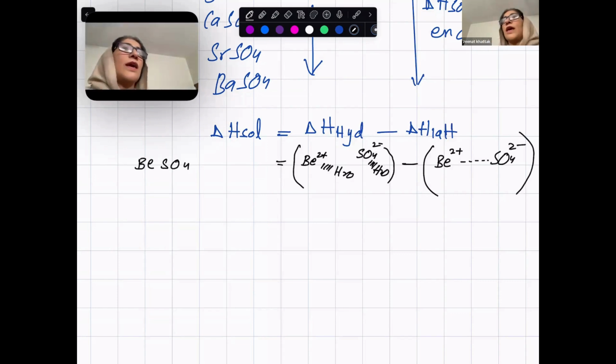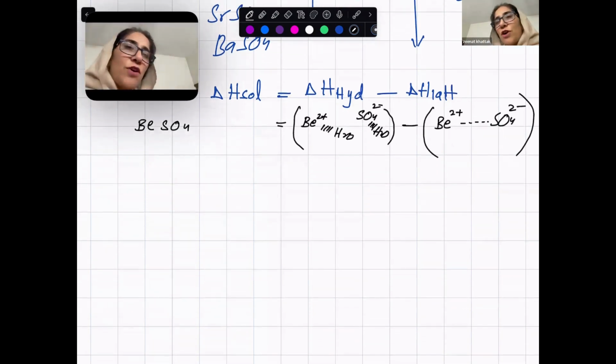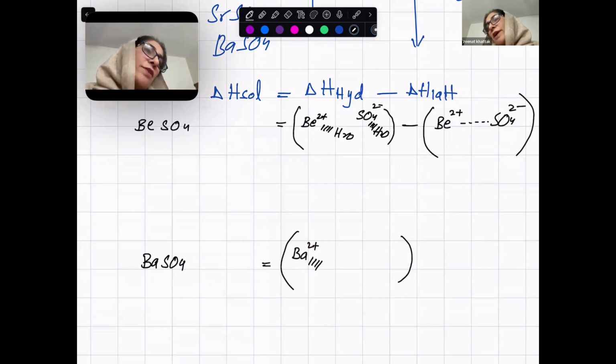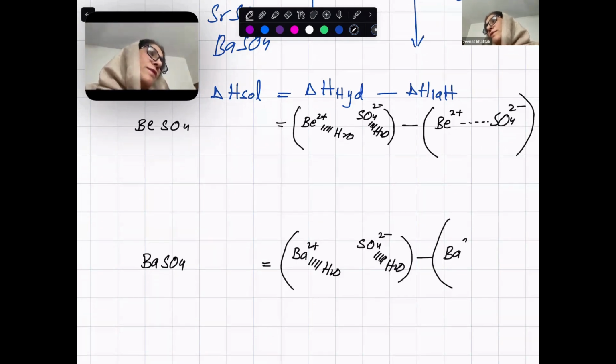If I do the same thing for barium sulfate, barium attracted by water, sulfate attracted by water, barium attracted by sulfate.